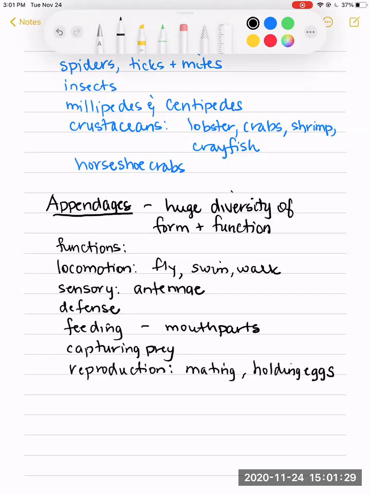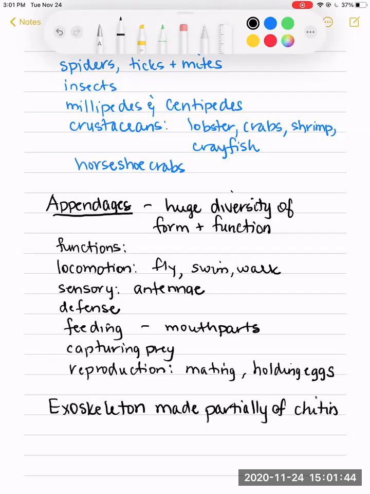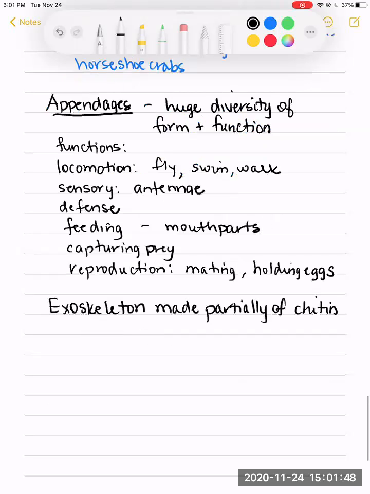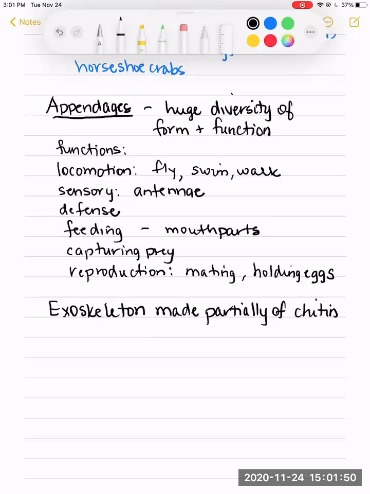Arthropods have an exoskeleton, meaning the skeleton is on the outside and it's made partially of chitin. Remember, chitin is also found in the cell walls of fungi. So it's pretty interesting that arthropods, which are animals, have chitin that makes a part of their exoskeleton.